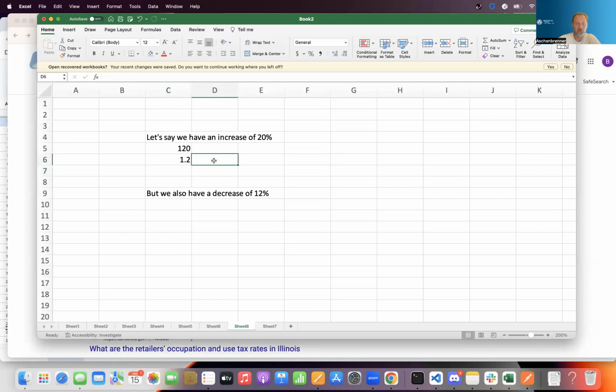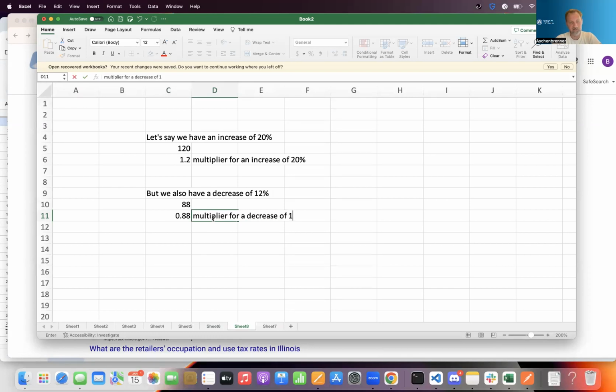So 1.2 is the multiplier for an increase of 20%. If I want to take something and increase it by 20%, I just multiply by 1.2. All right, decrease. 100% equals 100 minus 12. All right. So this is 88%. All right. So this is my multiplier for a decrease of 12%.